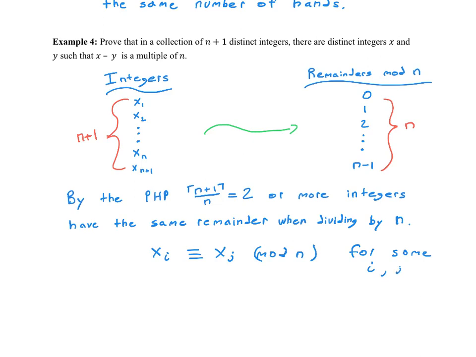Okay, now this doesn't quite resolve our problem because our problem was about a difference, x minus y. So how about we consider this number as like the x number and this number as the y number, and we'll take a difference and we'll see what happens. So if we subtract xj from both sides, we'd have xi minus xj is congruent to 0 in mod n.